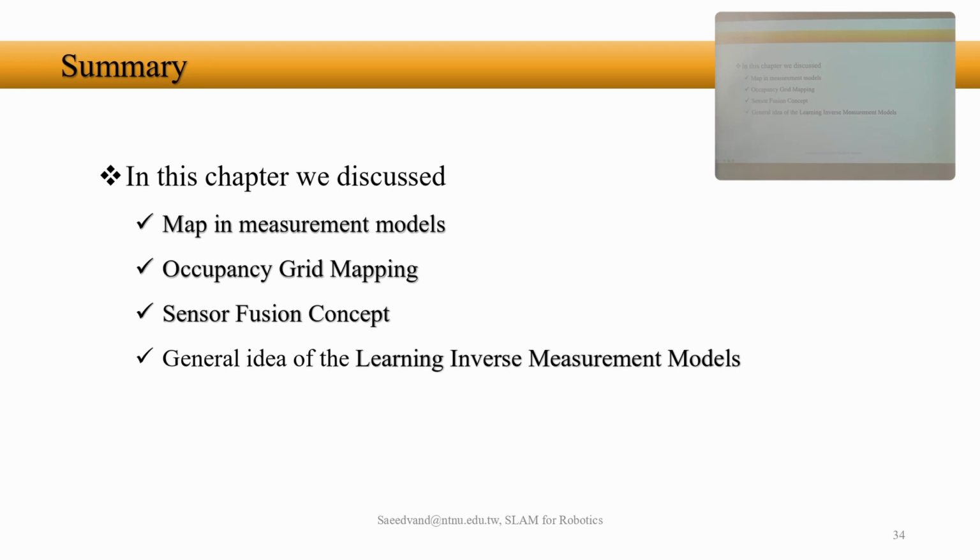And finally, we talked about the general idea of how we can engage learning techniques in our mapping part. Of course, that can be engaged in different parts of SLAM too. We only talked about how we can use it for occupancy grid mapping. So, any question from today's course?